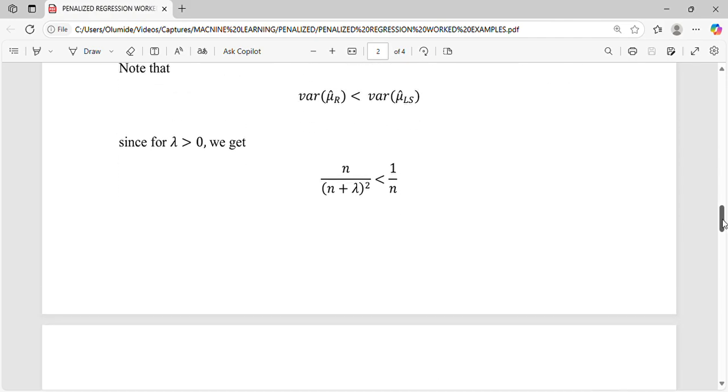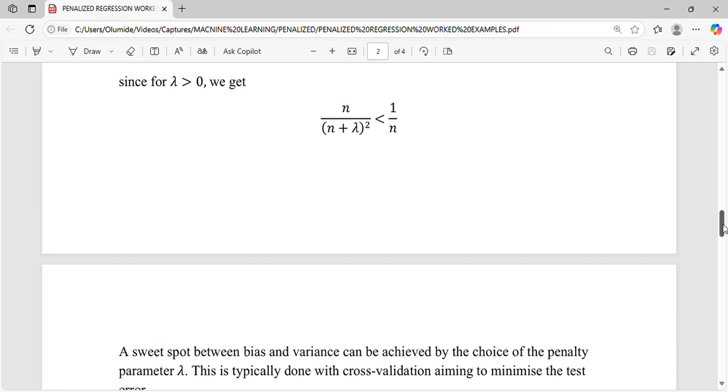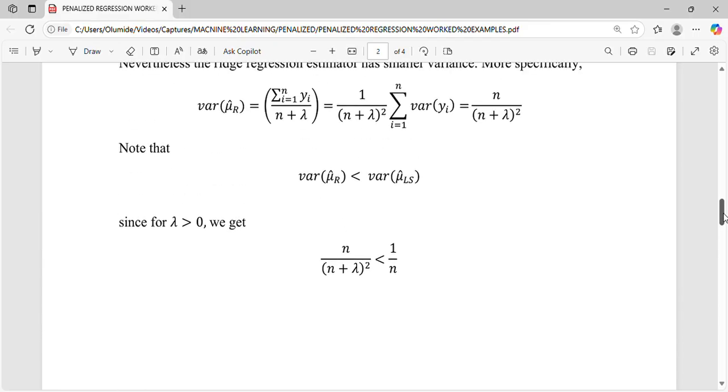By so doing, we can see that introducing the penalty into our model reduces variance but increases bias. To make our estimator efficient, we need less variance.